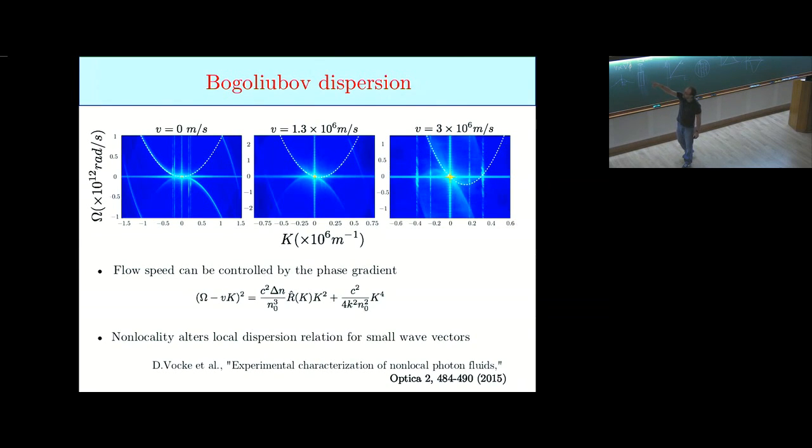Now, if I want to increase the flow, I want a linear flow, so a constant speed across the beam. That means I need a linear phase profile across my beam. If these are the plane wavefronts for 0 velocity, then to get a linear phase inclination, I need to somehow tilt the wavefronts. And tilting the wavefronts is very easy.